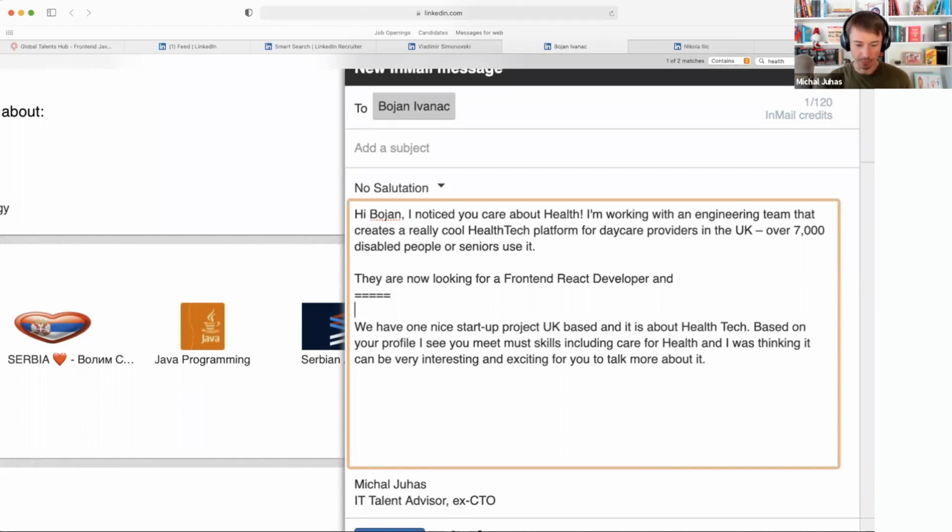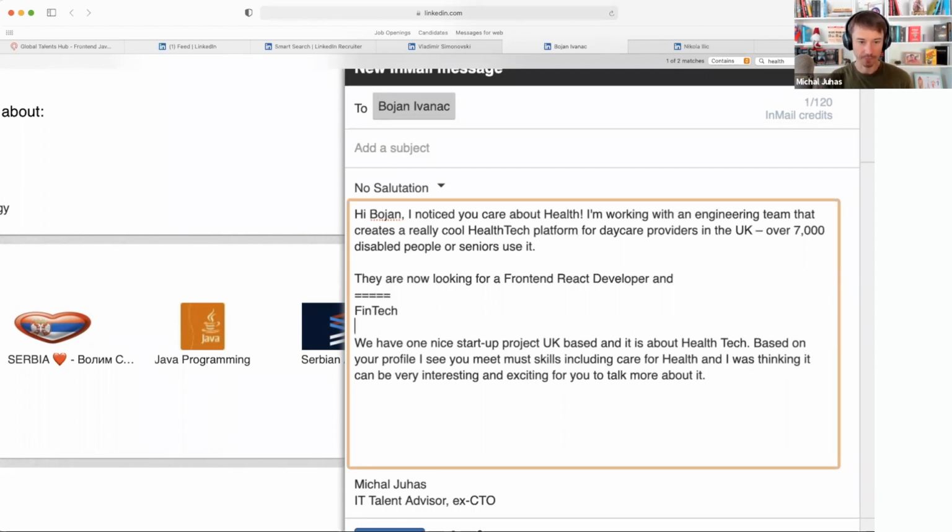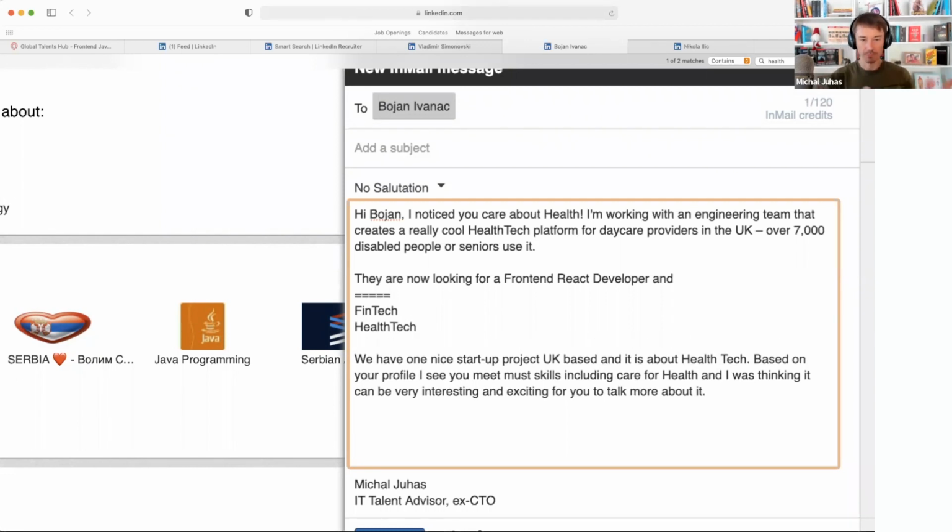I'm not sure, but usually, for example, fintech is together, right? Fintech. So I would also type health tech together, just because it is usually, what else is health tech, fintech. It's like martech, marketing technology. You can see I see your skills match the requirements.